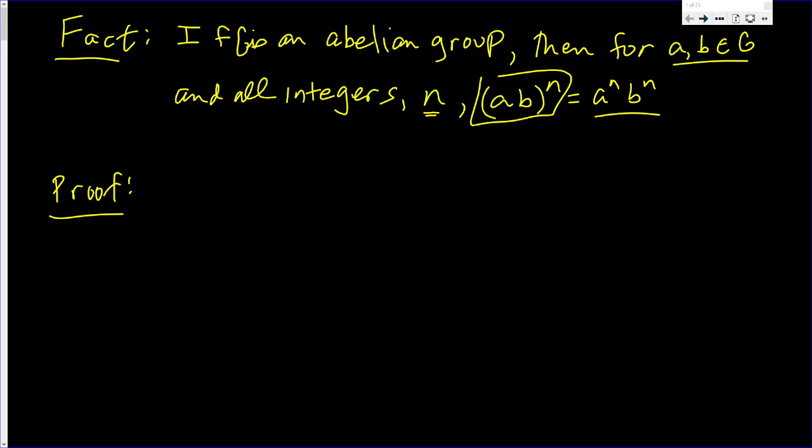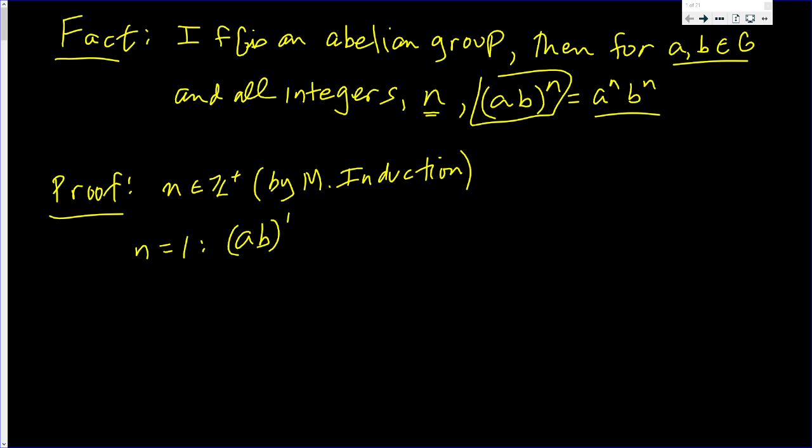Now, let us suppose that n is a positive integer, and this part of the proof is going to be by mathematical induction. When n is 1, it's pretty simple.